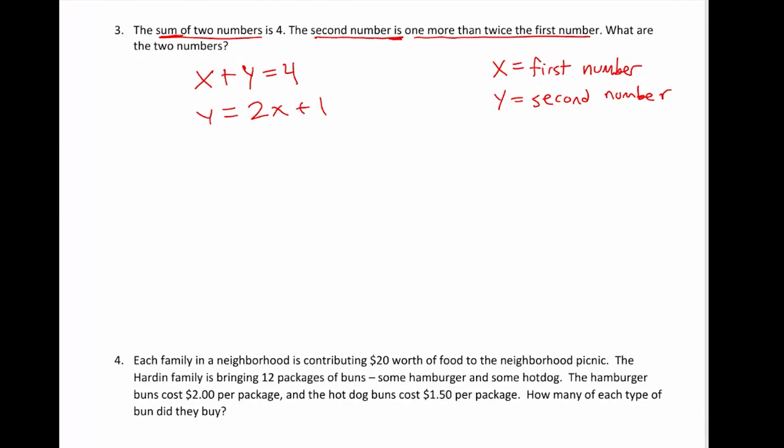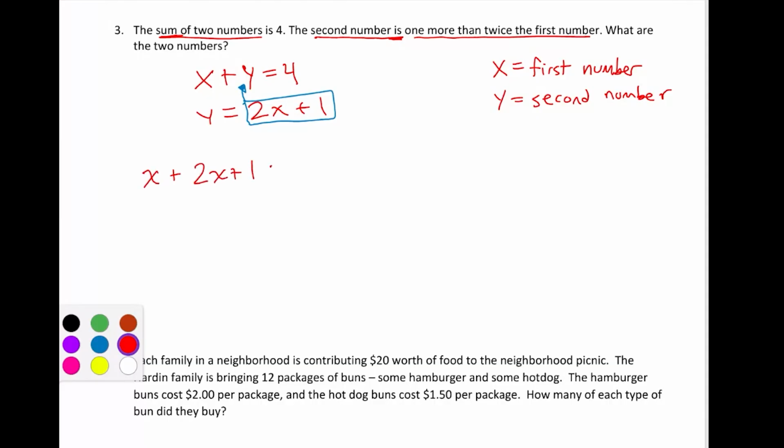If the two numbers have to add up to 4, there's only so many options. But we'll go through the algebra anyway. So we want to find the two numbers. I've already got y isolated in one of these, so I'm going to substitute that in for y, just like we did today and last time. So I've got x plus 2x plus 1 equals 4.